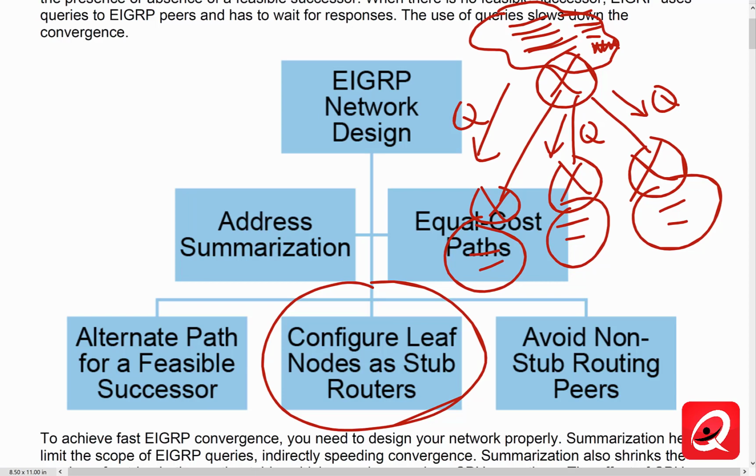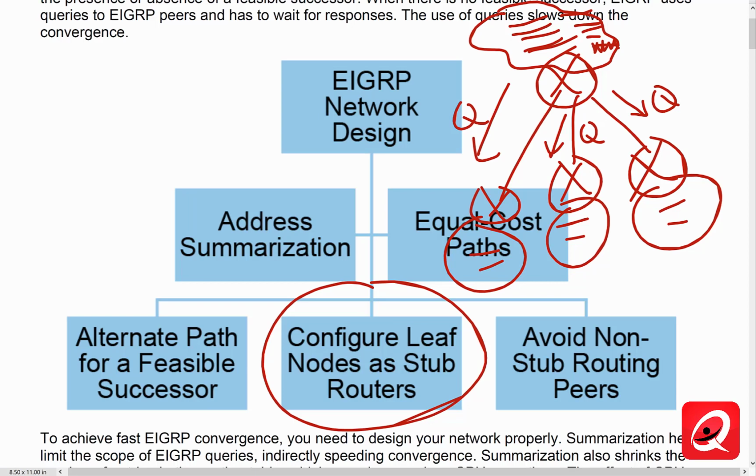There's other features of the stub routing concept. We can limit what we share with upstream routers as well. But this is what we refer to in the design elements of EIGRP as EIGRP query scoping, where we're limiting the need to send out queries because those queries have to be repropagated down the line, and they have to be replied to in order for us to converge.